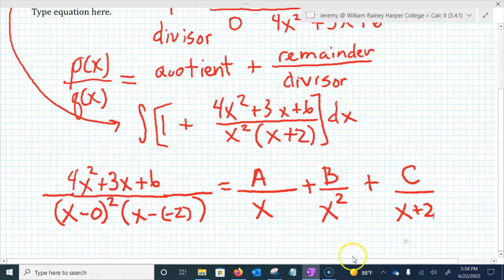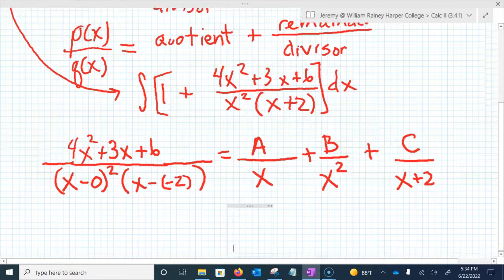Okay, so now, if we get a common denominator here, I'm going to have to multiply a by x and then x plus 2. I'll multiply b by just x plus 2, and I'll have to multiply c by an x squared.